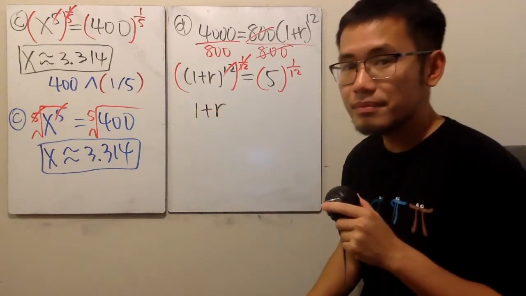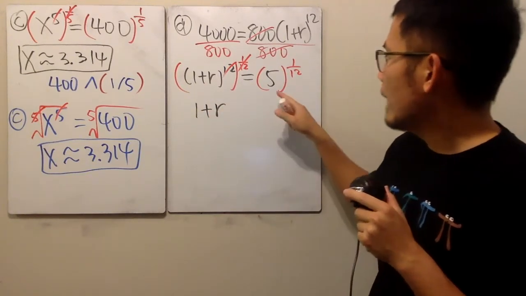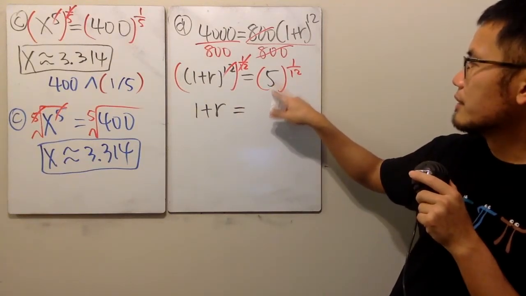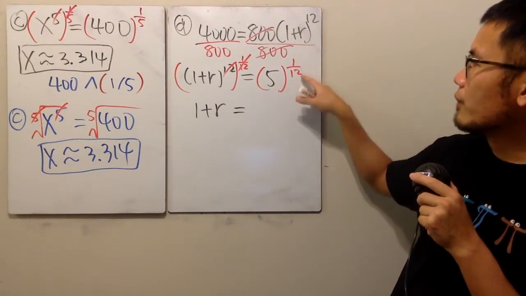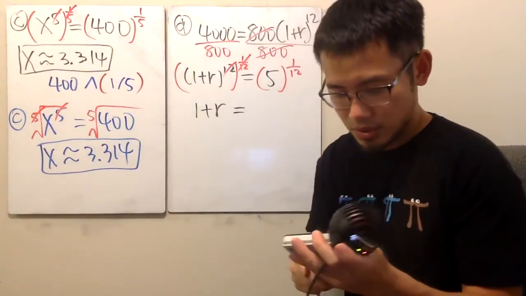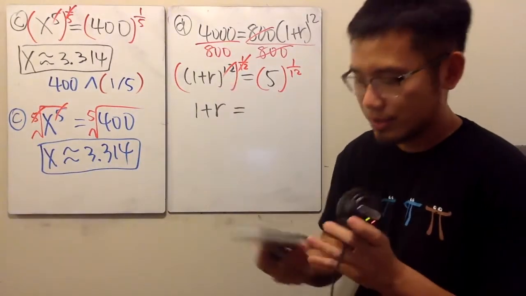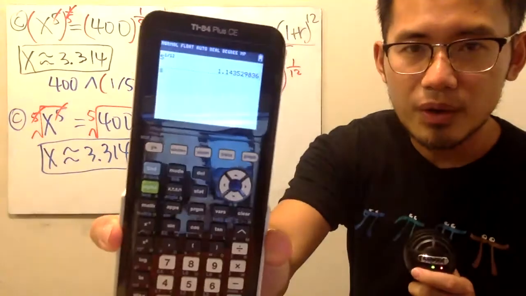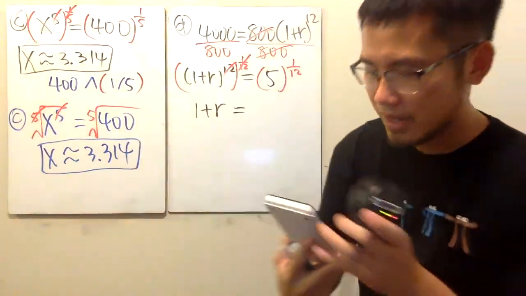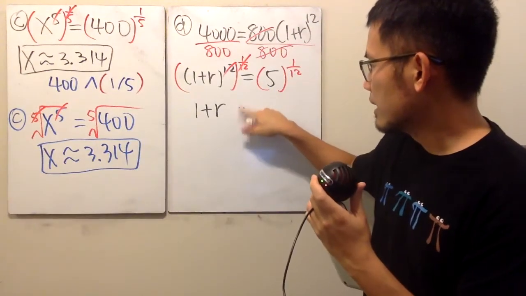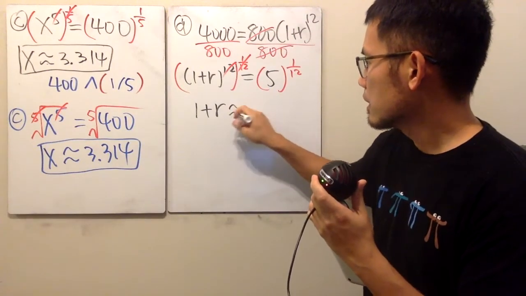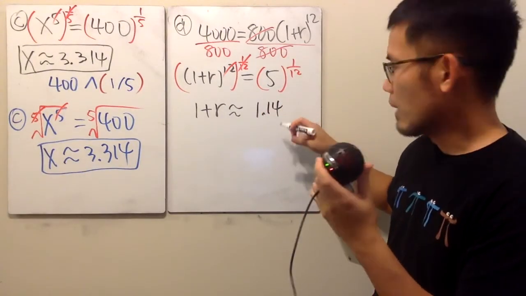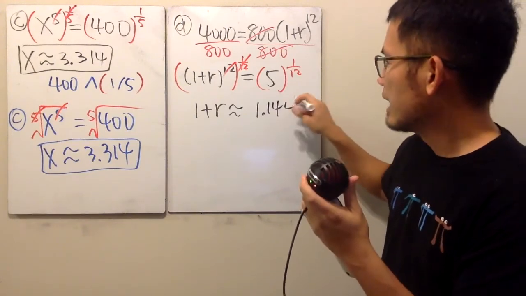Here, we have 5 to the 1 over 12. I'll just enter that on the calculator. Of course, you have to use your calculator, otherwise you wouldn't know what the answer is. So you have 1.1435 and so on. I will write this as approximately 1.144 like this, right?